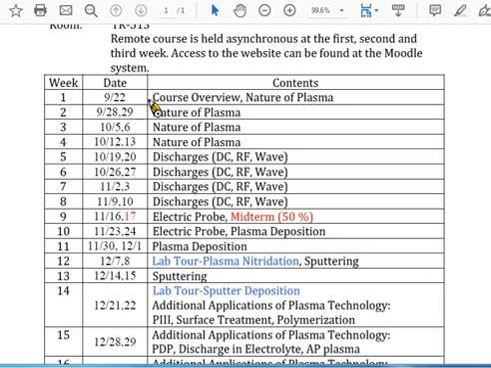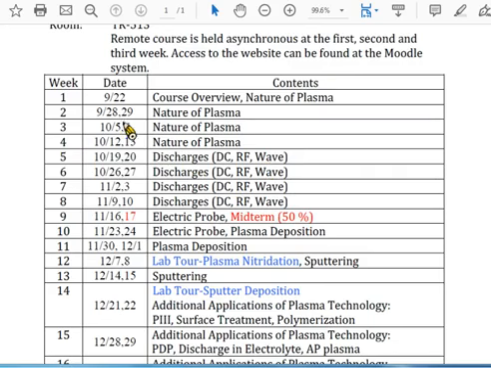So the first part of the class is the nature of plasma, and then the ways to generate plasma by DC power, RF power, and microwave power.